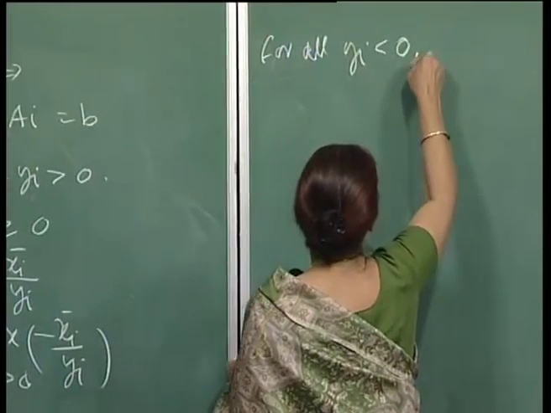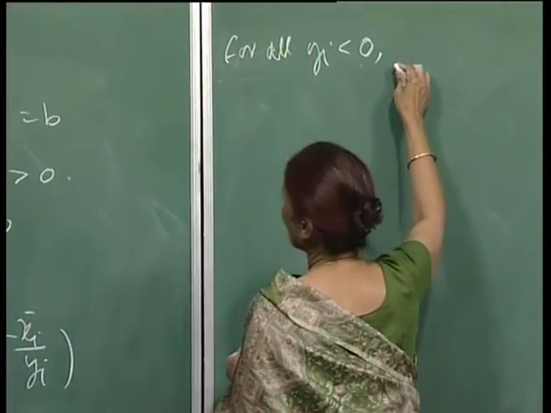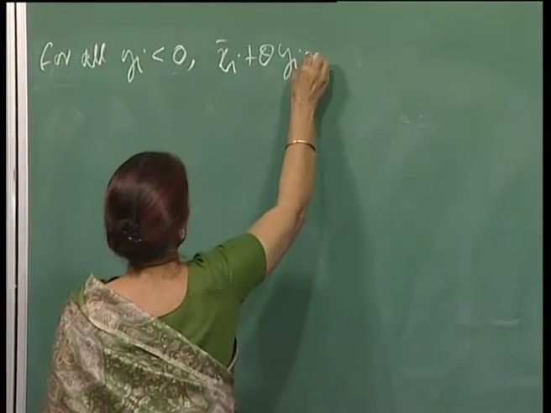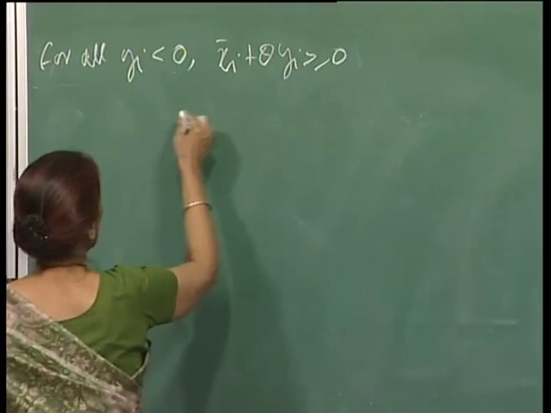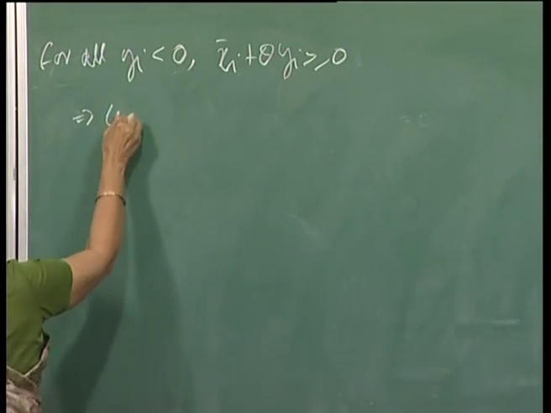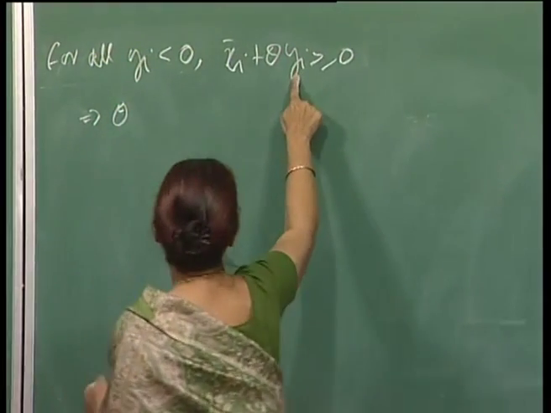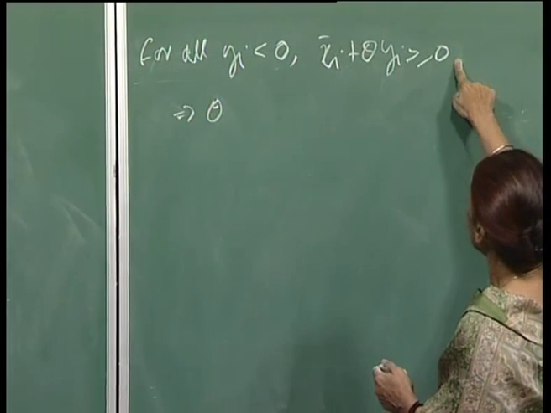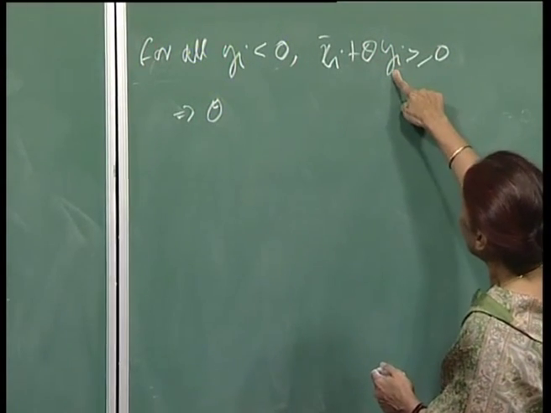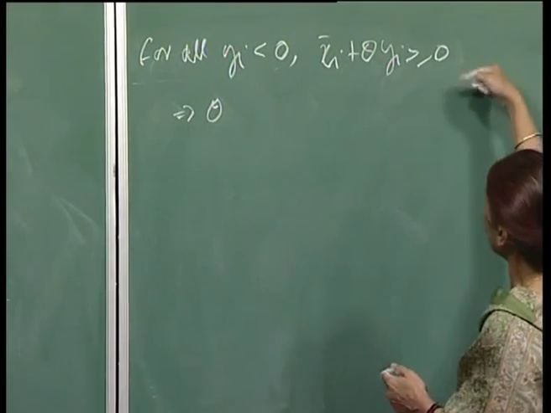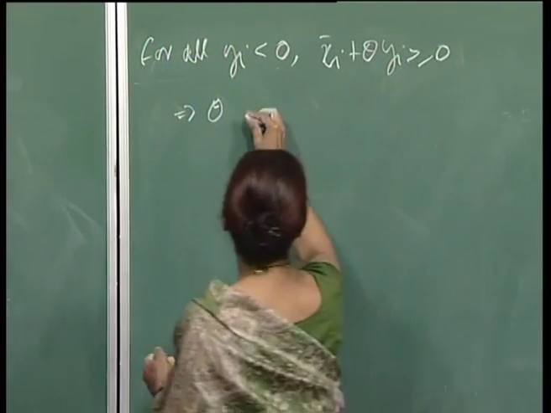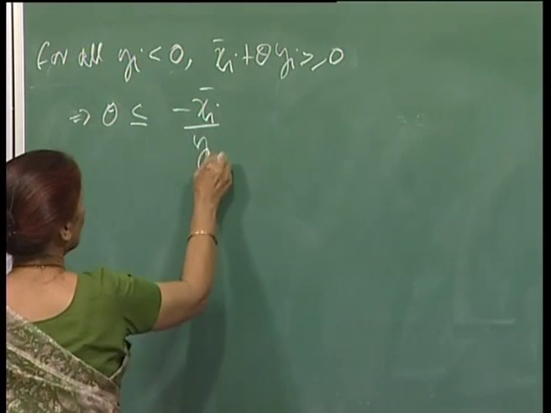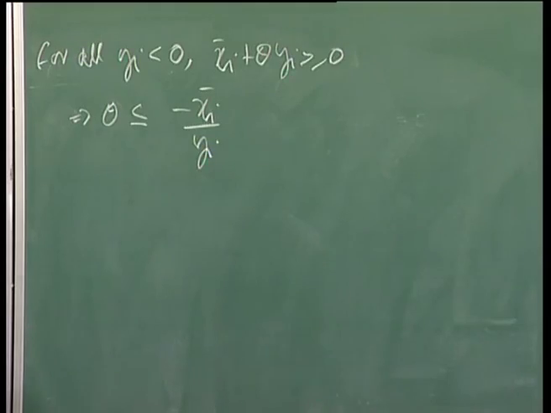yi less than 0, xi bar plus theta yi greater than or equal to 0 will imply that theta, see here yi is negative. So, when I write the inequality theta yi greater than or equal to minus xi bar, and then divide by yi, it is a negative number. So, the inequality will reverse, implies theta should be less than or equal to minus xi bar upon yi, for all yi negative.